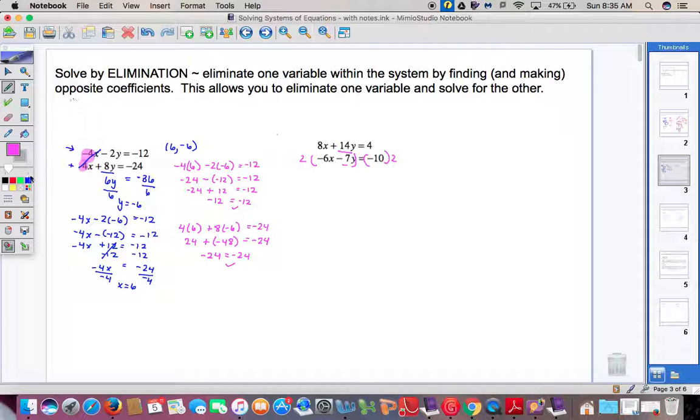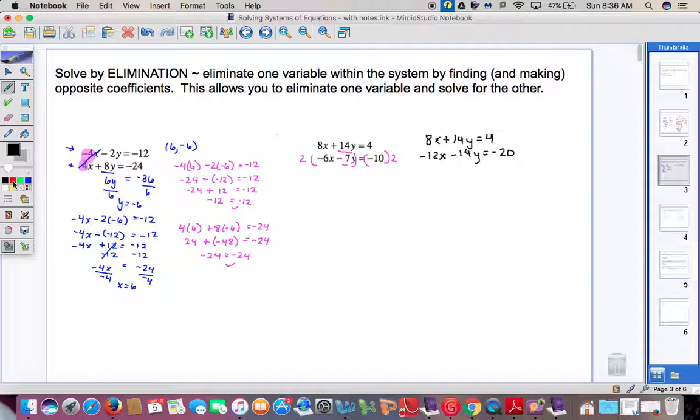My first equation would remain 8x plus 14y equals 4, but my second equation would become 2 times negative 6x is negative 12x, 2 times negative 7y is negative 14y, and 2 times negative 10 is negative 20. So you just need to make one of your coefficients the opposite by using multiplication.